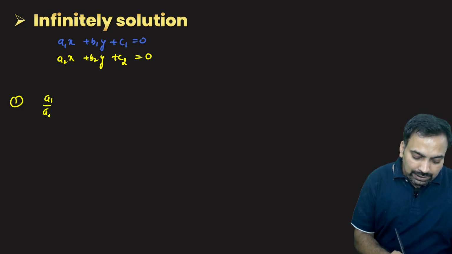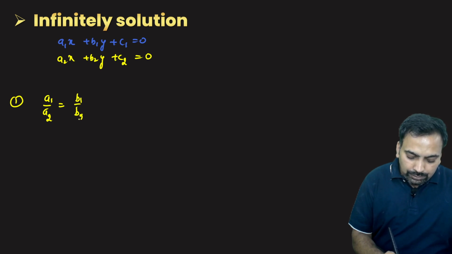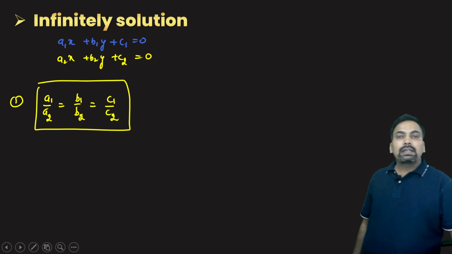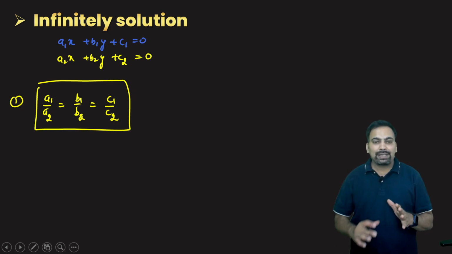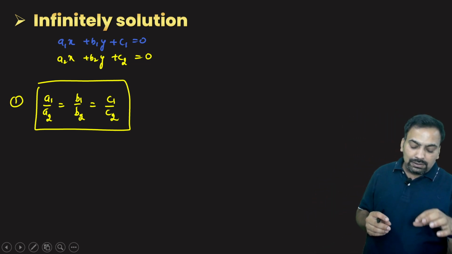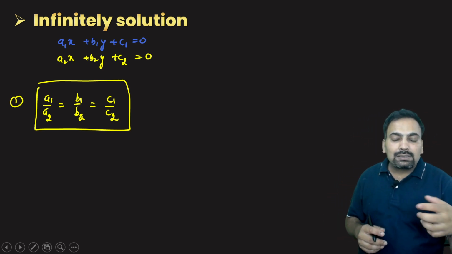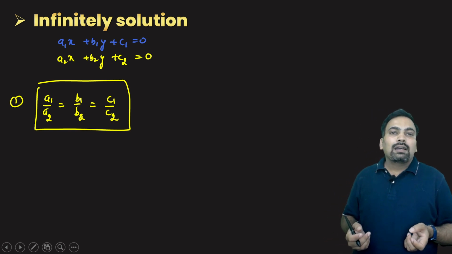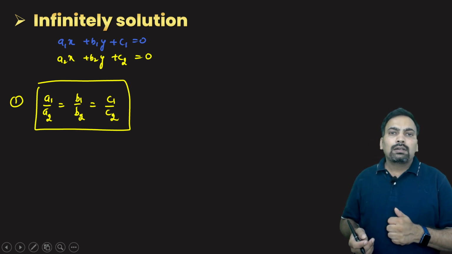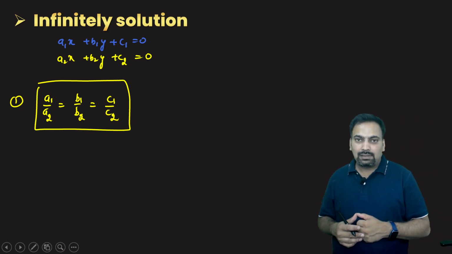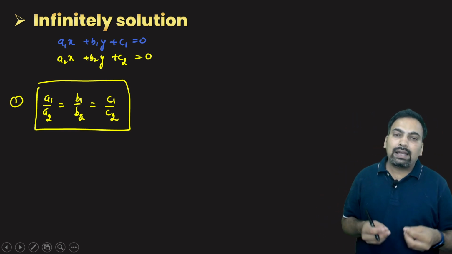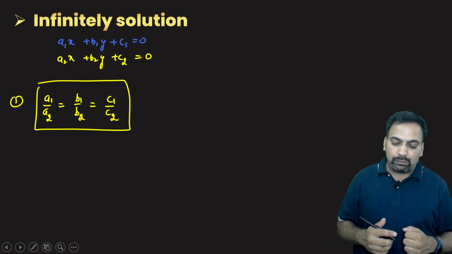If a1 upon a2 is equal to b1 upon b2 is equal to c1 upon c2, this is the condition of infinitely many solutions. This pair of linear equations provides infinitely many solutions, which means these are dependent equations, a dependent pair of linear equations, or you can say they have distinct x and y values to satisfy both the equations.